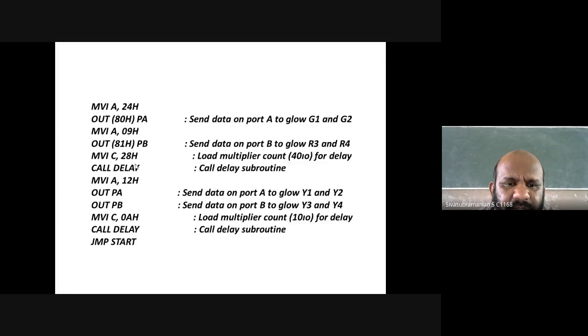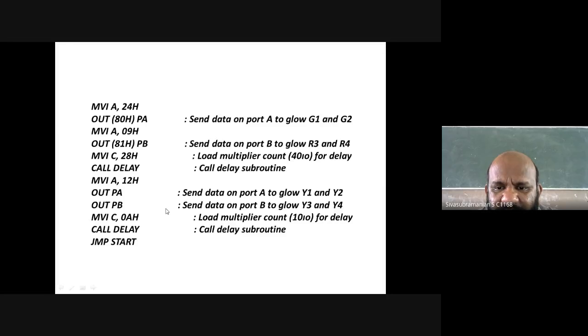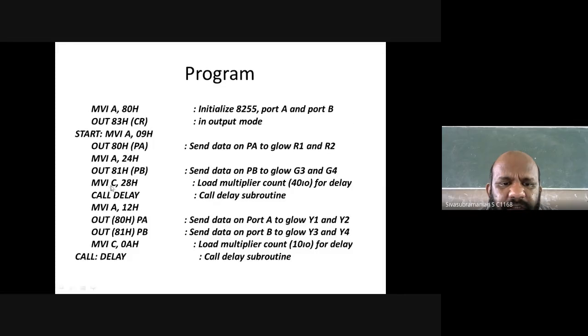Okay, and this is my delay program, right? So in the delay program, we are just making sure that the delay data that we have given there initially, whatsoever might be the multiplier count that we are giving there, right? So the multiplier count which I meant was this. Your C register is having a value of 28 in this case, and your C register is having a value of 0A in this case. So it depends on whether it is for 20 seconds or for 5 seconds. Right?